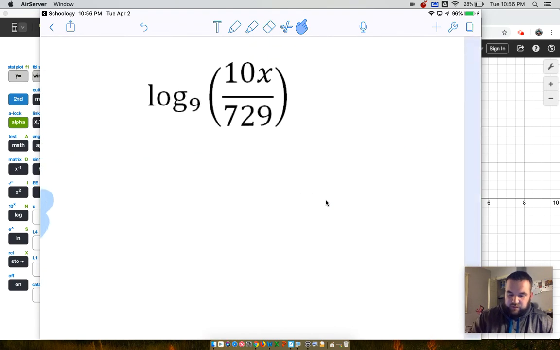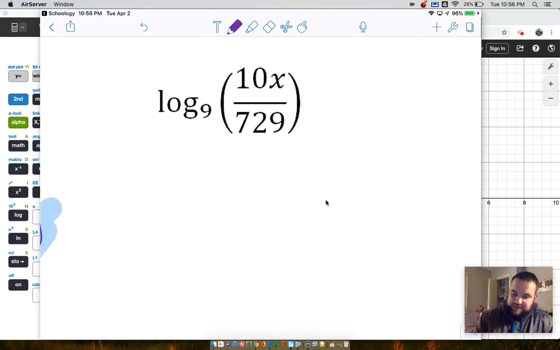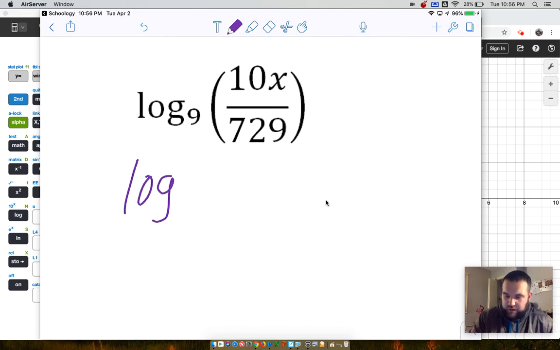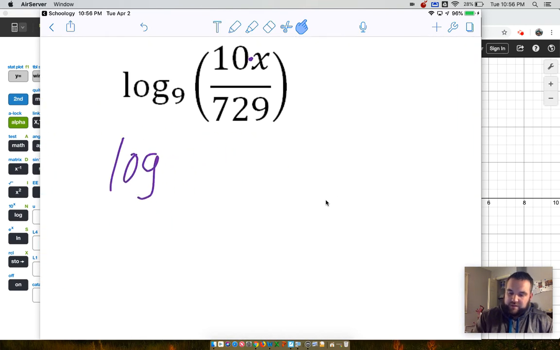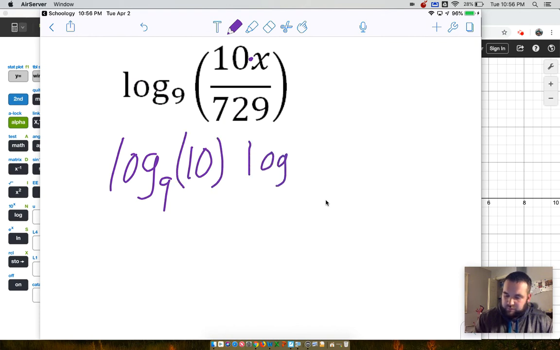So that was that first one. Okay. If I see this log, so there's 3 things going on in this problem, right? I have 10 times x, but then it's 729 on the bottom. So that means I need log base 9 of 10. I need log base 9 of x.